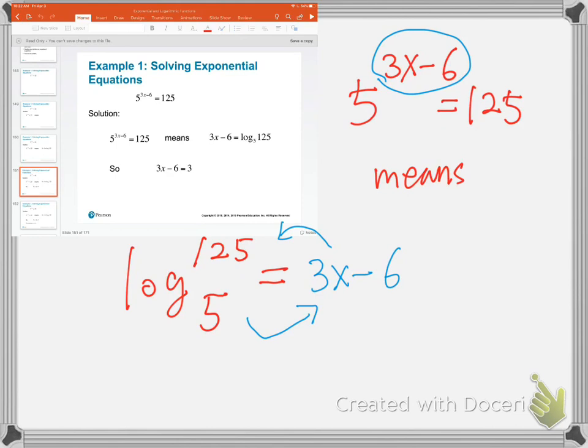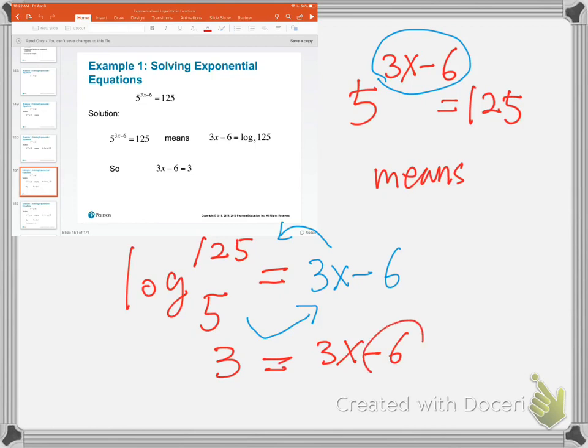So let's check it. 5 to the 3x minus 6 power is 125. After you change the exponential equation to log notation, then we can use the definition of log to find log 5 of 125. So what's log 5 of 125? It's 3. So we got 3 is 3x minus 6.